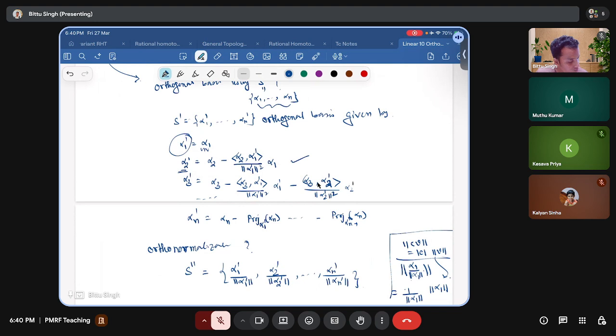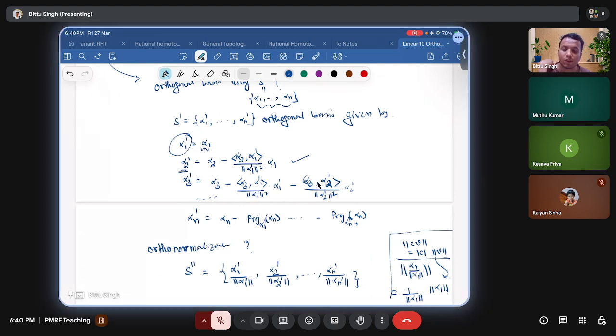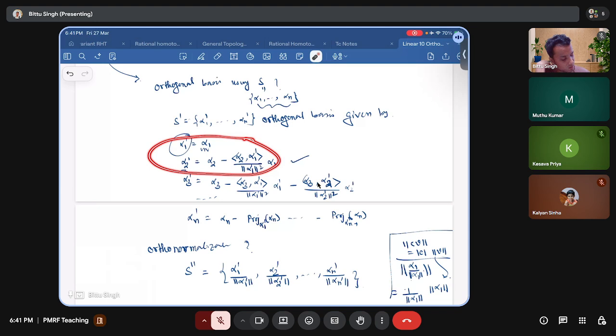I'm extremely sorry about this. But Gram-Schmidt process only alpha 1, not alpha 1 dash. Sorry. Why do you say it is not orthogonal? Yes, sorry. So for the first two there will be no issue, but to prove that alpha 1 is also orthogonal to this and alpha 2, this is an orthogonal set, there will be some issue.